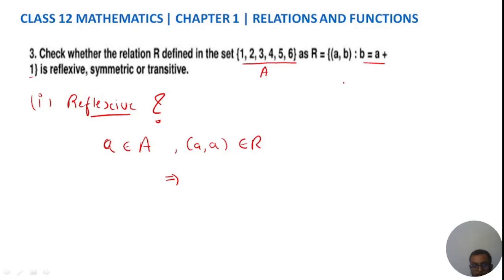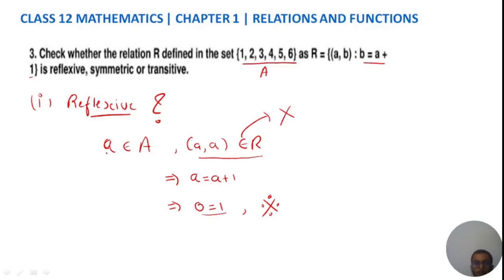Having B equals to A plus 1. So I will get A equals A plus 1. But cancelling A from both sides, this will imply 0 equals 1. But this is not true, right? This is called a contradiction. By assuming something, we got something wrong, so our assumption was false.